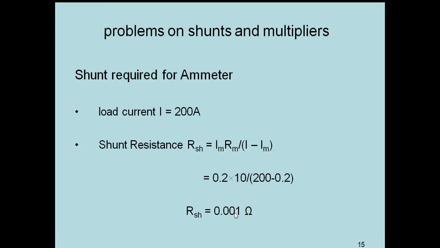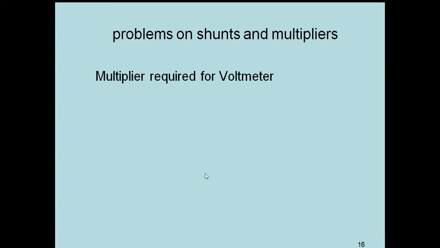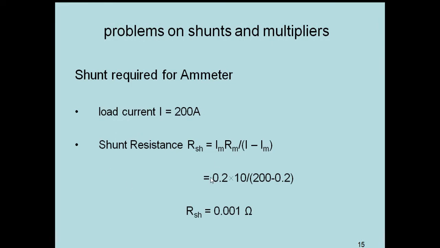From this we get one observation: Rm is 10 ohms and RSH is 0.001 ohms. That means to extend the range of current, we are adding a resistance whose value is less than the meter resistance, and that resistance will be connected in parallel.